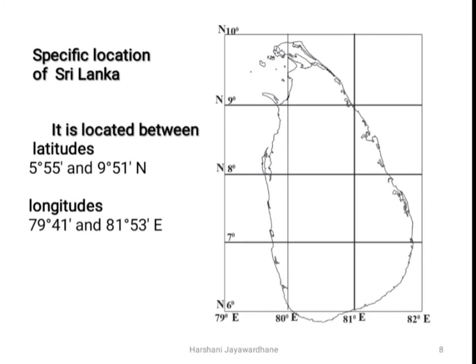We identify our location by using specific units, called latitudes and longitudes. I think you can remember what latitudes and longitudes are, because we discussed these in our first lesson. So when you identify Sri Lanka's location by the north latitudes and the longitudes, that is called the specific location.